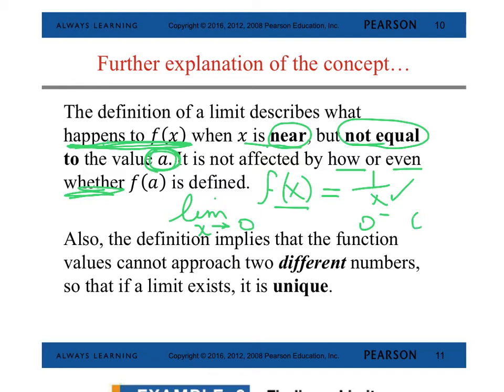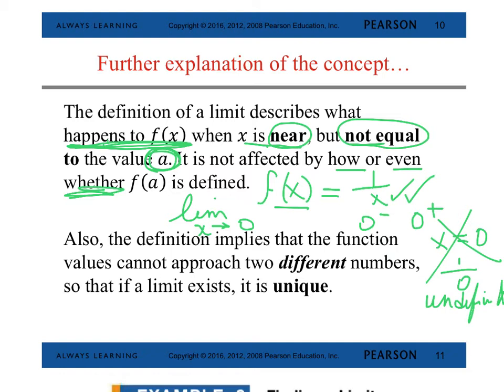We can approach 0 from the right, no problem. But if x equals 0, we have 1 over 0, which is undefined, and that's a problem. But the limit can still exist, even if that happens.